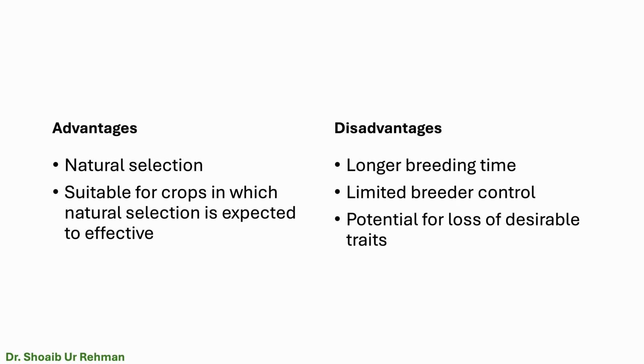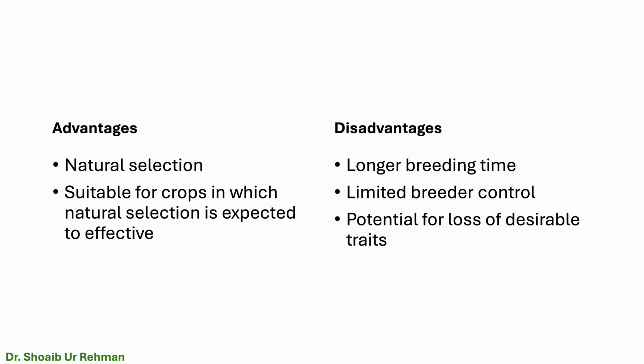As far as advantages are concerned, it is a natural selection, because whenever nature selects, nature selects the best thing that has the ability to perform better over a long period of time. So this is the main advantage.